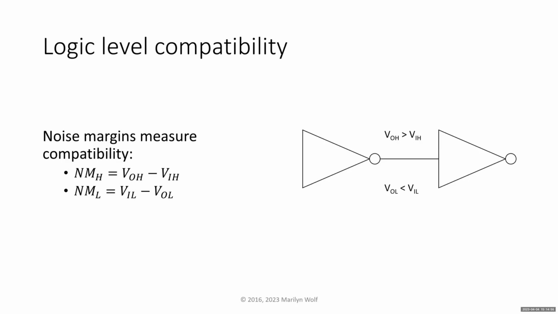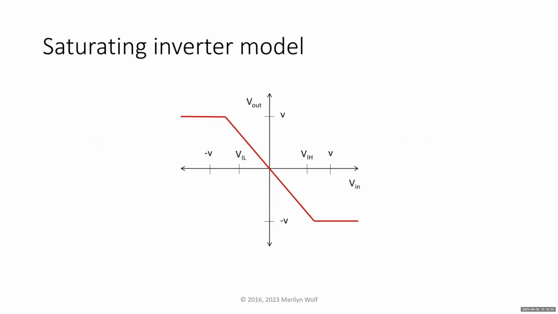So moving on to more dynamic behavior, here is a simple model of an inverter. The two axes are the input voltage on the x-axis and the output voltage on the y-axis. So let's draw a curve that shows the relationship between the input voltage and the output voltage.